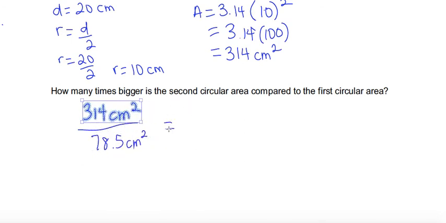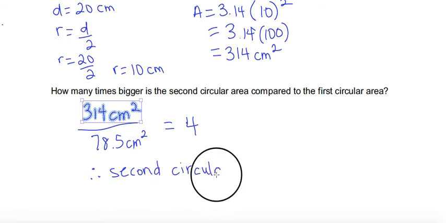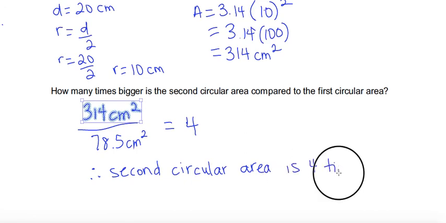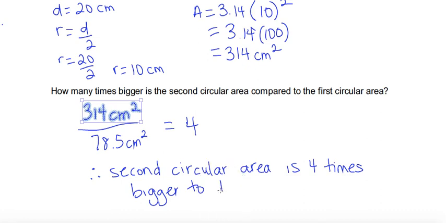So I'm going to take my 314, divide it by 78.5, and I get an answer of 4. So the second circular area is 4 times bigger than the first circular area.